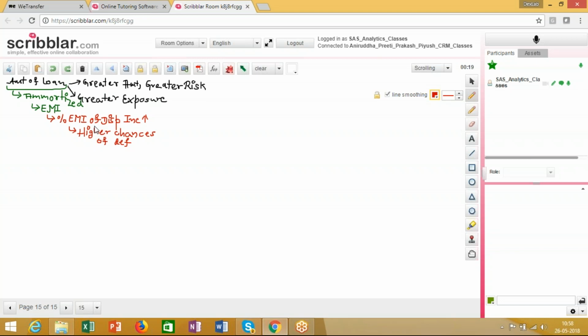Now similarly, say greater the duration is. So a higher duration would imply that the borrower's financial status has greater chances of adjustments.